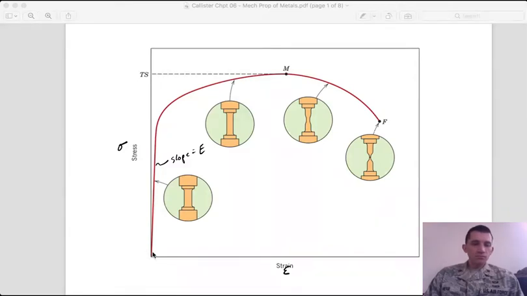So we have the beginning of the test here at 0 stress. And as we apply a stress, we're going to get an elongation, and the relationship initially between this elongation or strain, the stretching of the material, is this initial region that has a constant slope, generally, that we call Young's modulus, and this is what we call the elastic region.